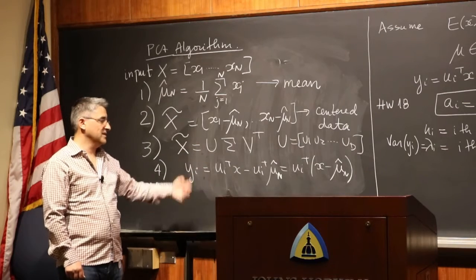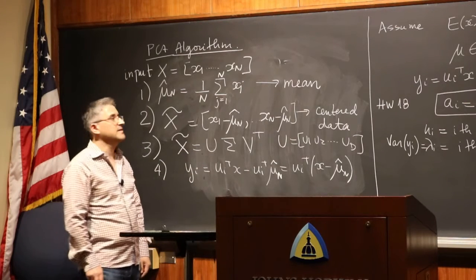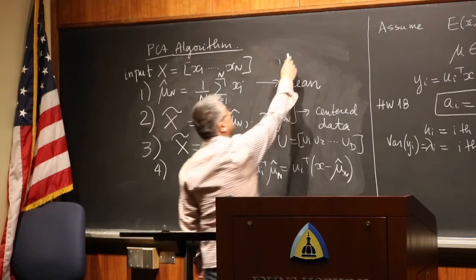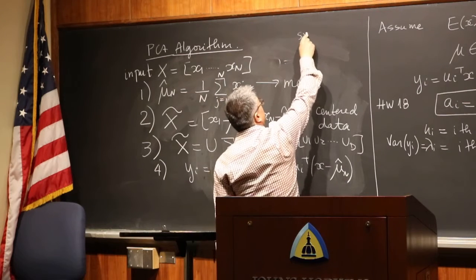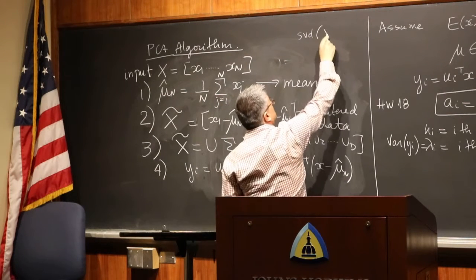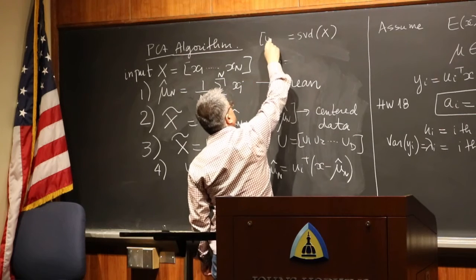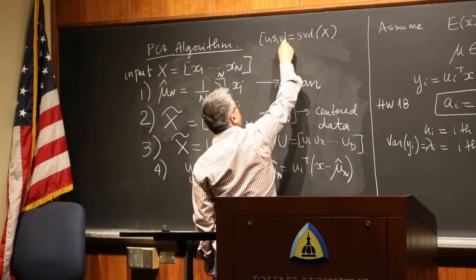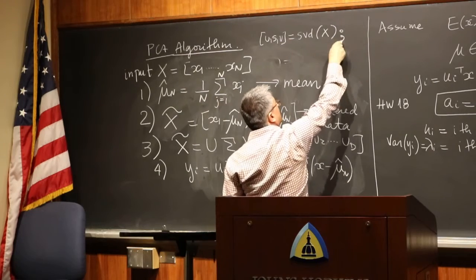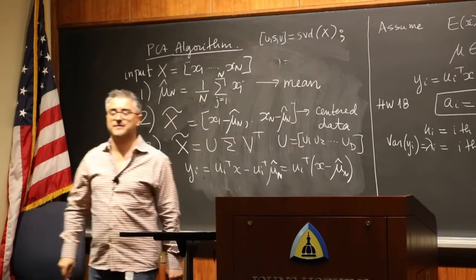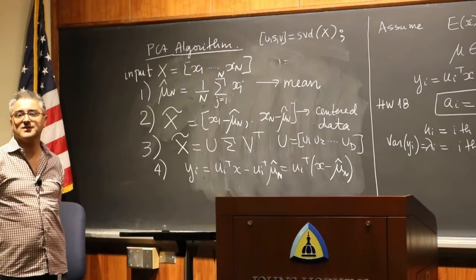In MATLAB you just do SVD of x, and you get U, S, V, and that computes the SVD for you. So that's why it's one line.